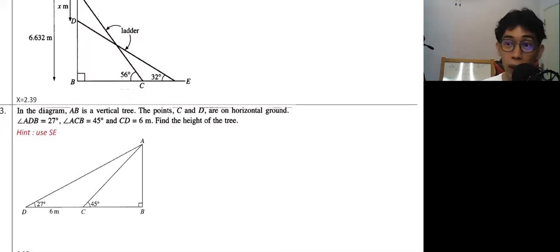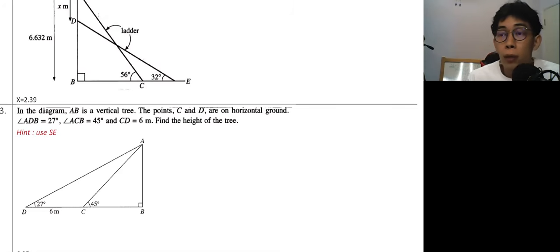I know that's a right angle triangle, but it's also what kind of triangle? Yes, it's also an isosceles triangle, and that isosceles helps you a lot.